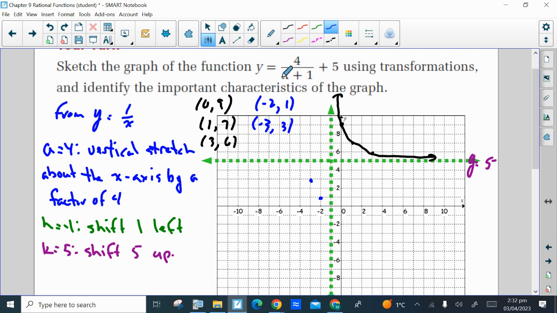And if I let x equal -5, -5 plus 1 is -4. 4 divided by -4 is -1. Plus 5 is positive 4. So -5 comma 4 right there. So this gives us points for the other arm or branch of this graph.